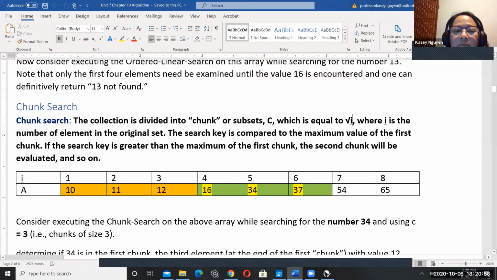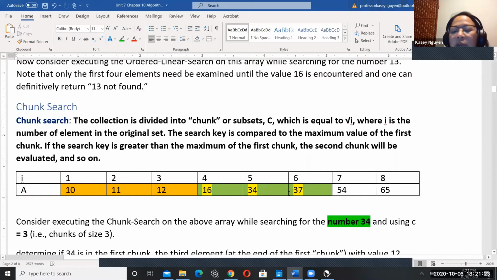In our example here, we have 1 through 8, the first through the 8th elements, and these are the assigned values. Let's say we give it a search key. Let's say we want to look for number 34.